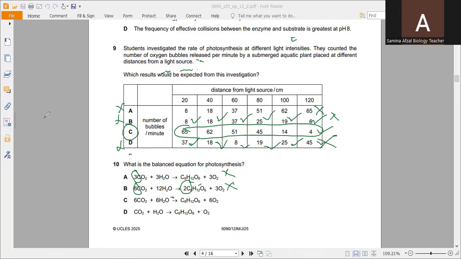Now you can see 6 carbon dioxide and 6 carbon over here, 12 oxygen and 6 oxygen, 18.